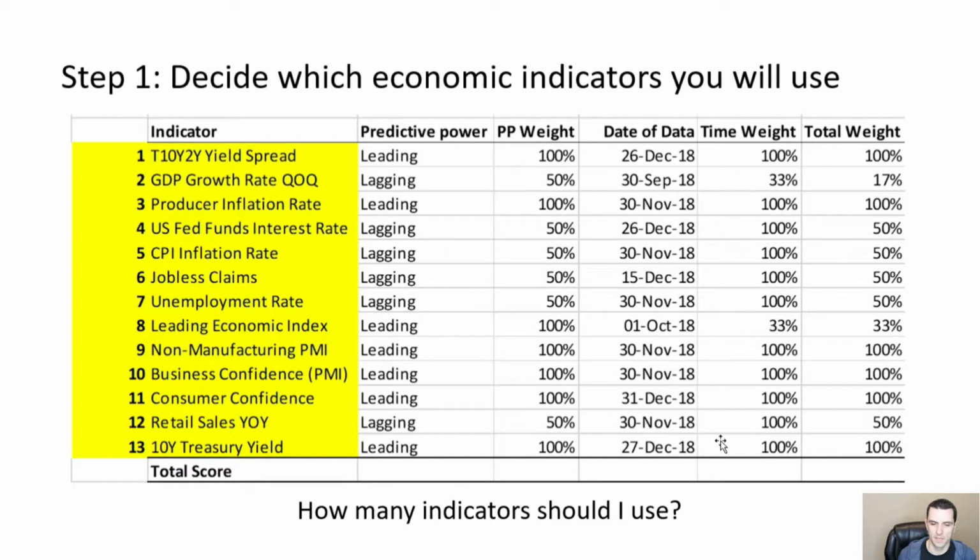So for me, I need to know to a certain point. I've chosen these indicators because I believe they are very good at giving me a snapshot of where we are in the economic cycle.